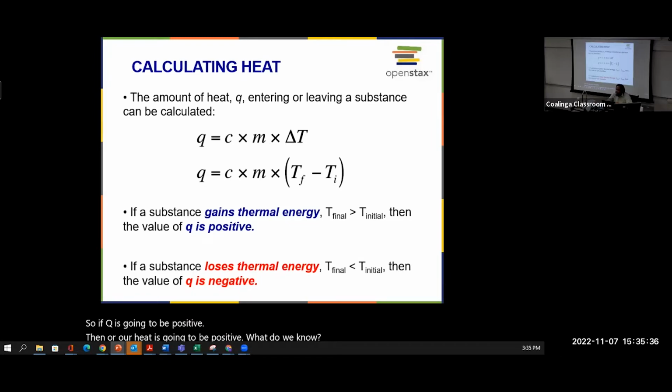Is that going to be endothermic or exothermic? If heat is positive, it's going to be endo, right? So in other words, the system is going to be gaining heat, or the substance is going to be gaining. So that basically means that our T final is going to be greater than our T initial.